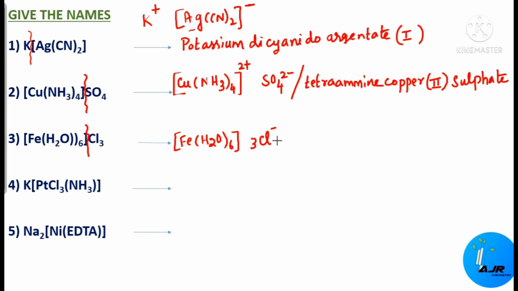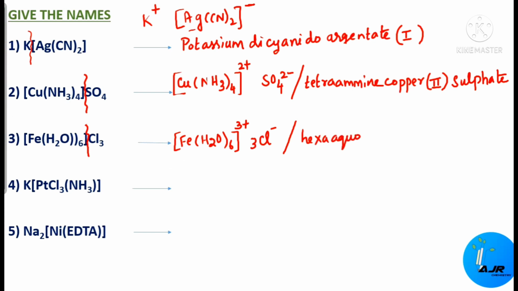Okay. See the charge on chloride is 3 Cl. So here we can have 3 plus. Understood. So what's the name of the compound? The first part is the cationic complex. Is it not a cationic complex? So in that case also we should write the number and the name of the ligand first. Okay. So hexa. It is hexaaqua. Is it not hexaaqua?